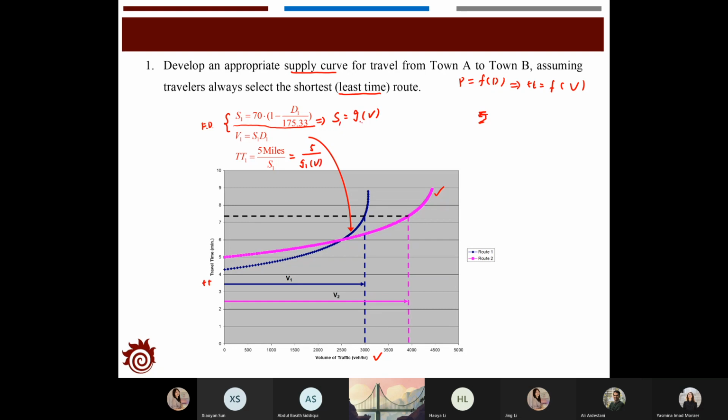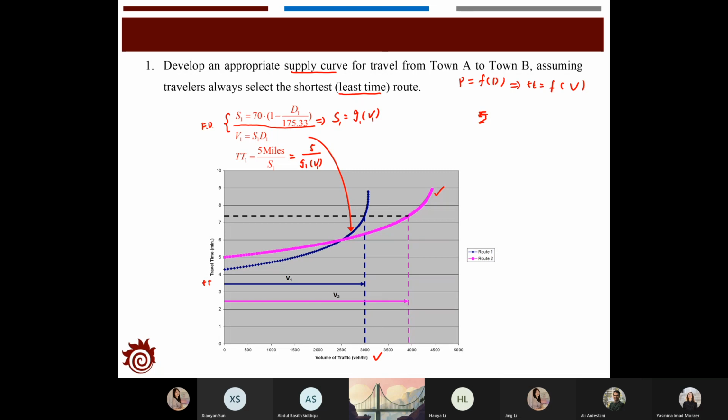We know the formula of S1 as a function of D. We find the relationship of V as the speed times D1, so you can find the formula of G1.